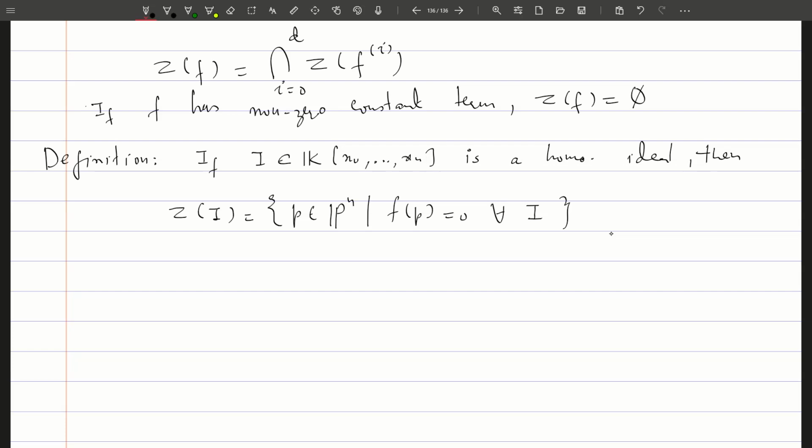Similarly, for the ideal of a set, we can also drop the homogeneous condition. If X is a subset of Pn, so this is a projective algebraic set.